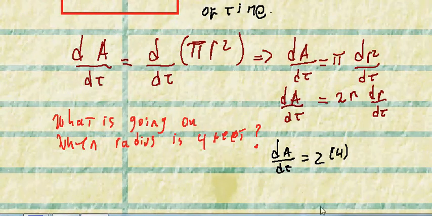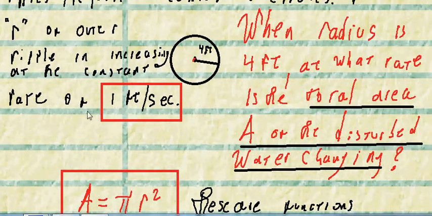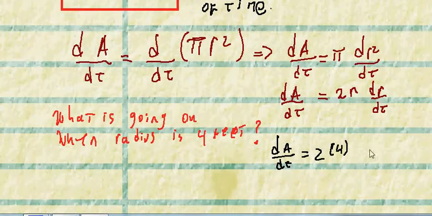So we have that dA/dt is equal to 2 times 4, and now dr/dt, the rate of change of the ripple, is increasing at the constant rate of 1 foot per second. So this dr/dt is going to be 1, because it is changing at the rate of 1 foot per second. So I'm going to put a 1 here.